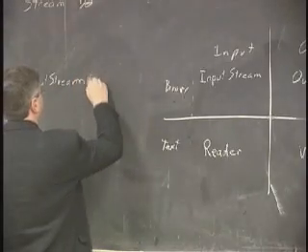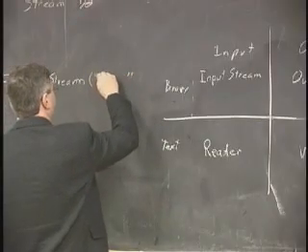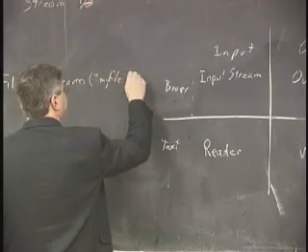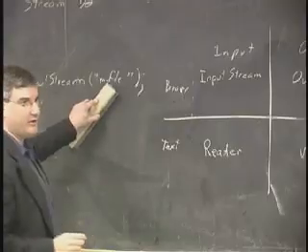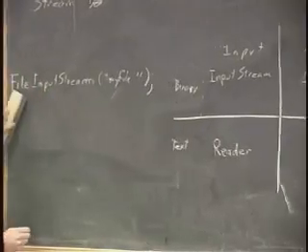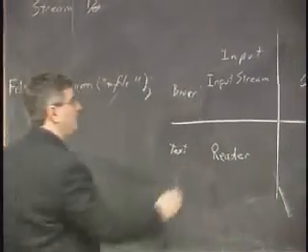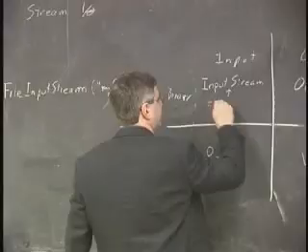The constructor to this would take a string, which would be the file name that you want to open. So this would try and open a file called myfile. And if it succeeded, return you a FileInputStream, which is a subtype of InputStream.